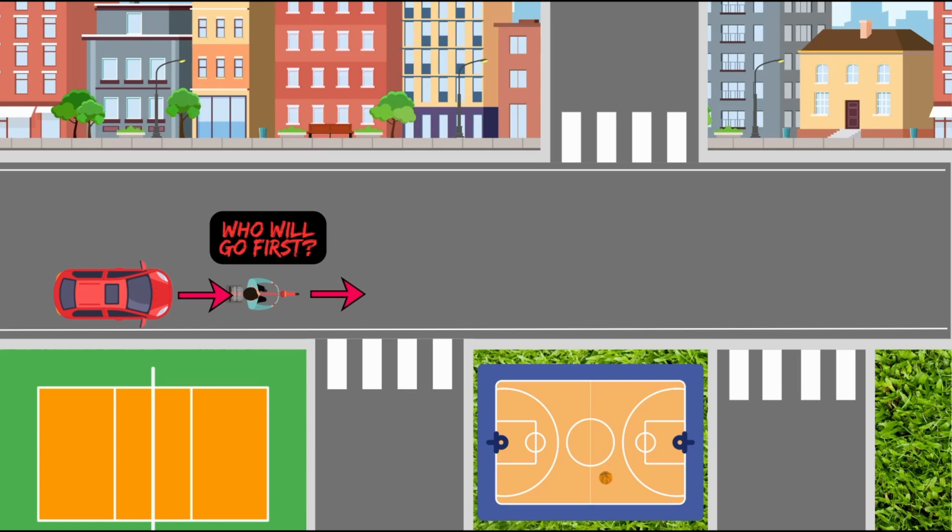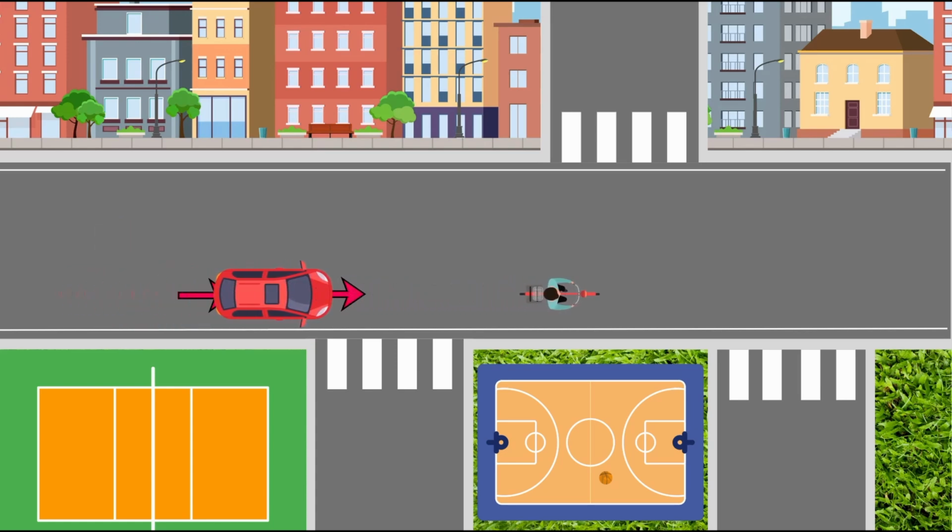As we have understood from the core rule, the priority will be given to the cyclist, and then the red vehicle will be given the second priority. So the cyclist will go first at this intersection, and then the red vehicle will follow the cyclist.